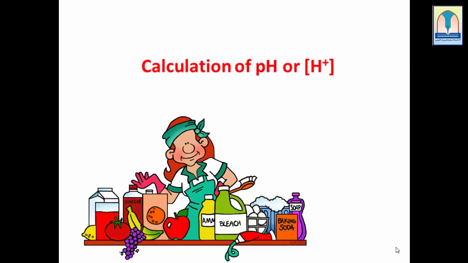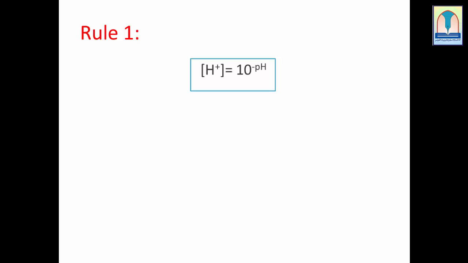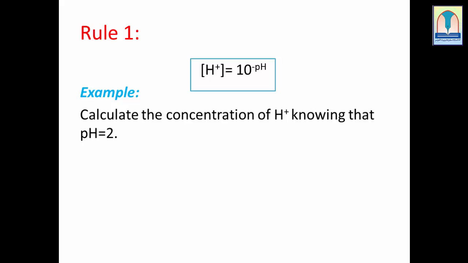Now, how to calculate the pH or the concentration of H+ ions? Rule number 1: the concentration of H+ ions is equal to 10 power minus pH. So, for example, if we want to calculate the concentration of H+, knowing that the pH equals 2, then we apply this rule.